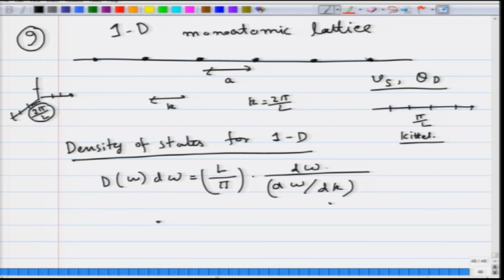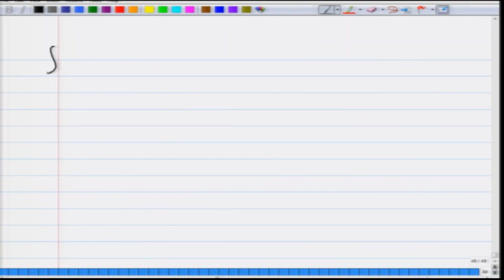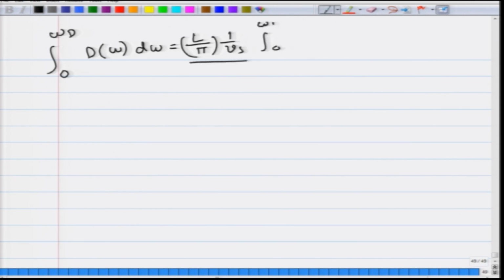So pi by L, d omega by dk. In the Debye approximation we have omega equals Vs k, so d omega by dk will be Vs. So up to the Debye frequency omega D, this will be L by pi, 1 by Vs, and I am just putting the value of d omega here, from 0 to omega D.